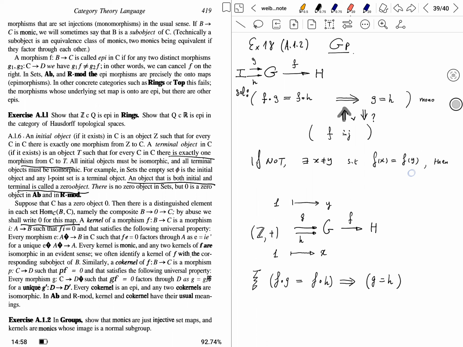The other direction is what I said: basically, you need a free object. So let's first say if F is injective, then it implies this is a monomorphism.